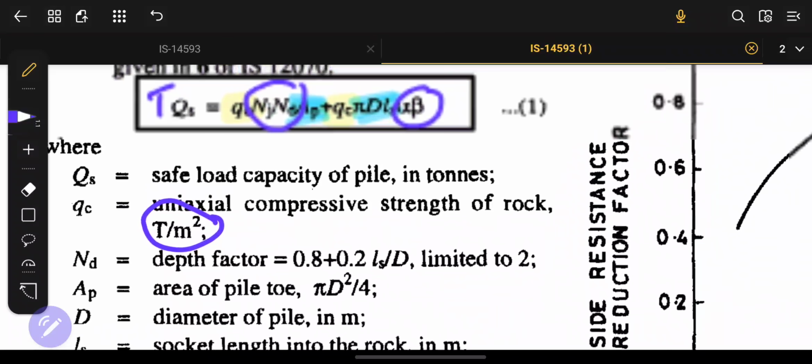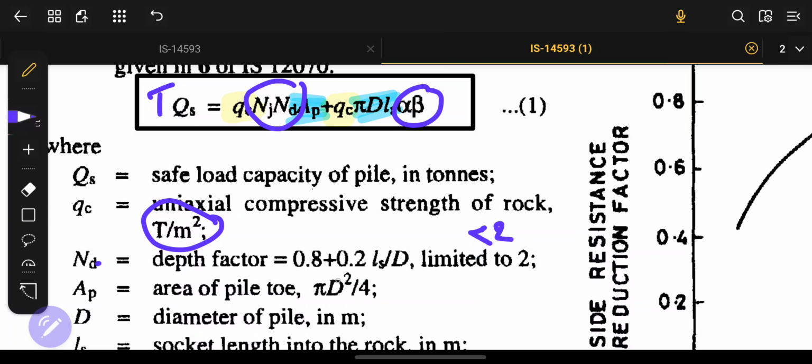The depth factor ND, which comes in base resistance, is 0.8 plus 0.2 LS/D. This depth factor is never greater than 2. It is always at most 2. LS is the socketing length, which comes in terms of D, like 4D, 5D.